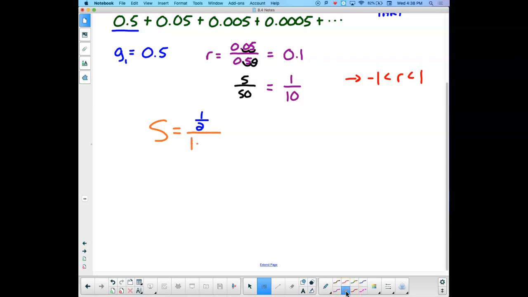Divided by 1 minus my r value, which was 1/10. Okay? Well, 1/2 is 1/2. 1 minus 1/10 is 9/10.